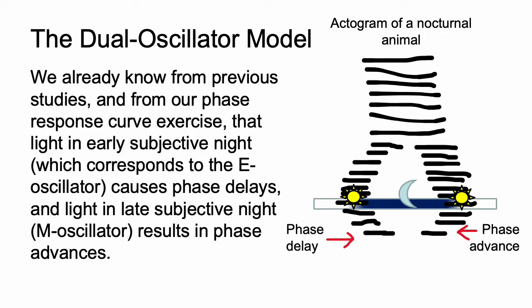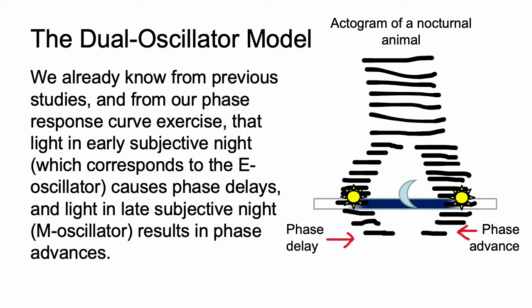We already know from the previous studies, and also our phase response curve exercise, that light in early subjective night, which corresponds to the E oscillator, causes phase delays. So it pushes back those active periods to later in the night.